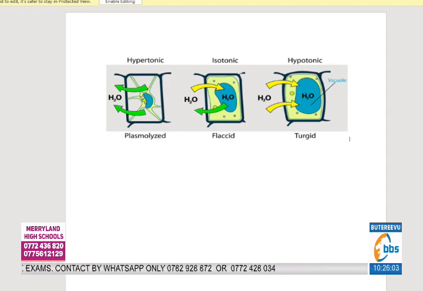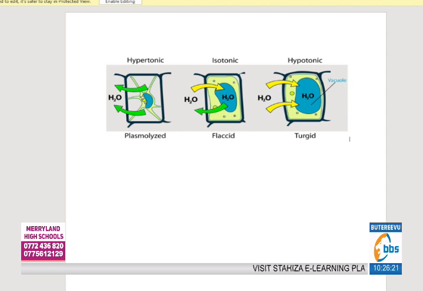So there is no net movement of water in and out of the plant cell, because the internal environment has the same concentration of water and solutes as the external environment, which is the ideal situation every living cell should be living in.